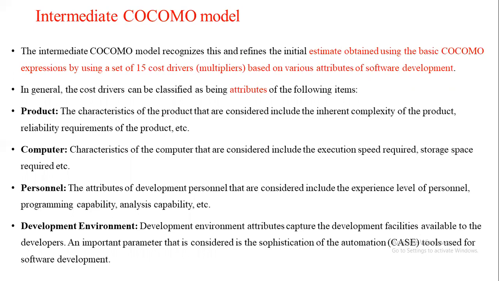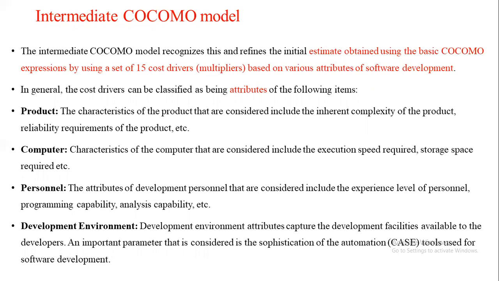So he can complete the project one or two days earlier, or maybe a week earlier, compared with a person who does not have much knowledge about the project. There are other factors like this which will affect the assumptions made using the lines of code alone in basic COCOMO.